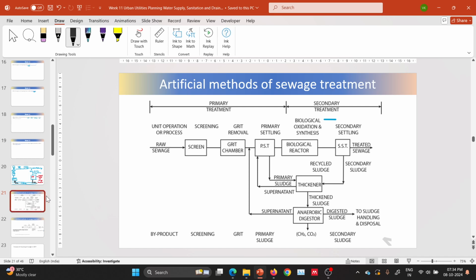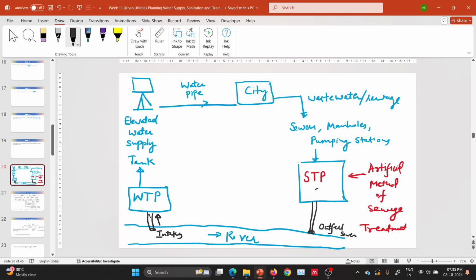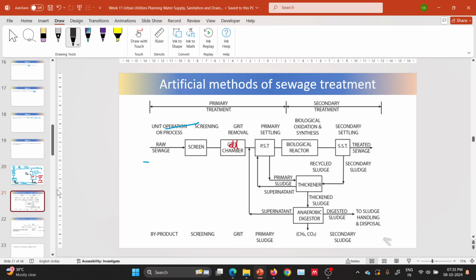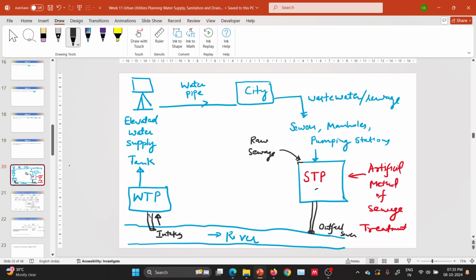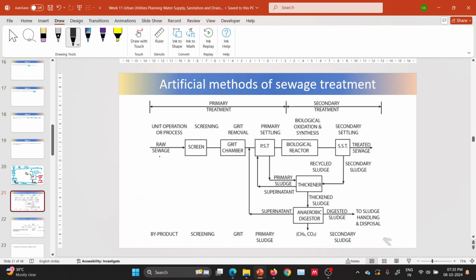So here we have raw sewage. The raw sewage in the sewage treatment plant is first passed through screens. The screens will remove floating materials like bottles, cloth, and any other material.